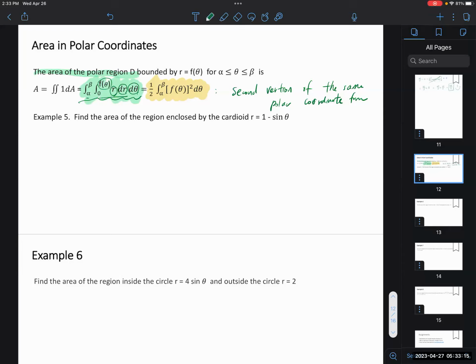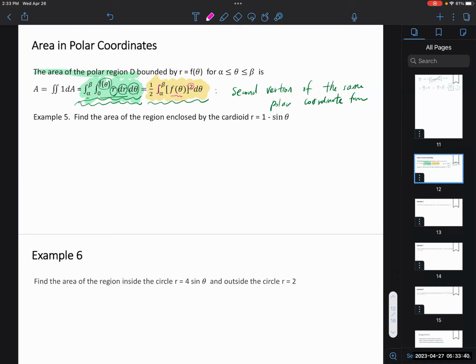So far, I've been focusing on using the first formula, but I'm going to show you the second formula. This is not going to be a double integral. If you have only a theta function, square it and just take the integral with respect to theta. That's it. So let me show you the example.